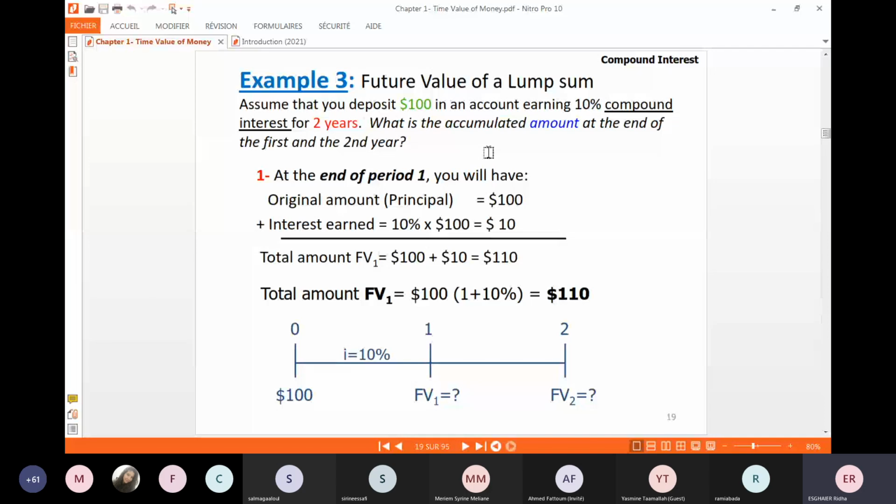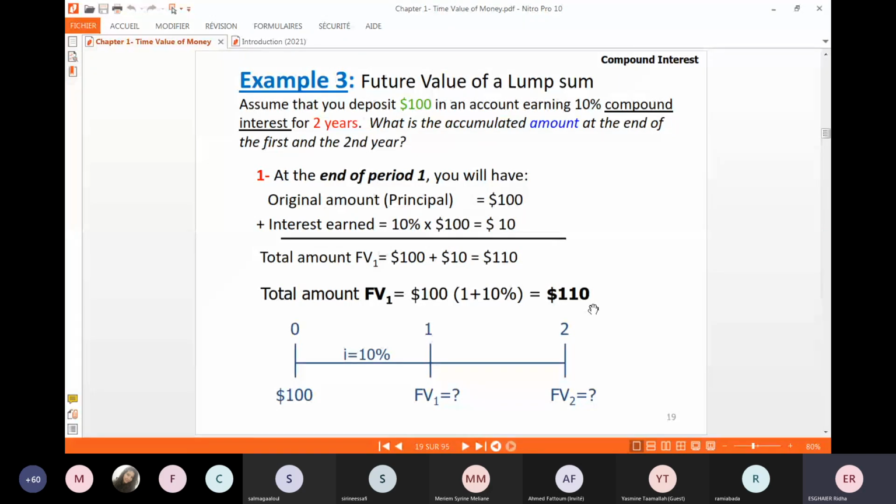The amount available in the account at the beginning of the year is 100. So we will earn 10% on the 100, we will get 110. It is similar to the simple interest principle. But from the period 2, from the year 2, we will have a difference here.